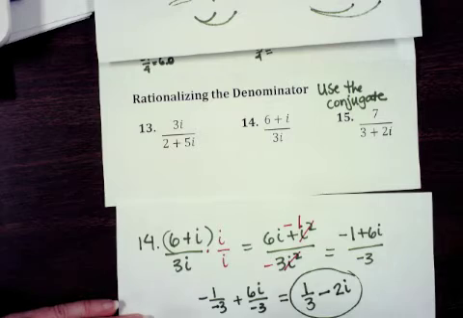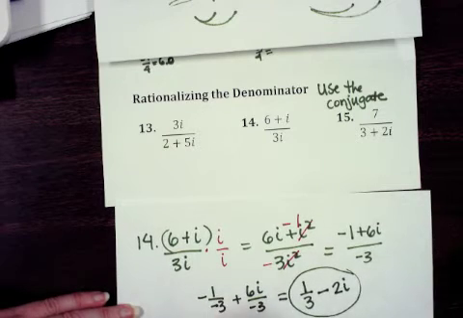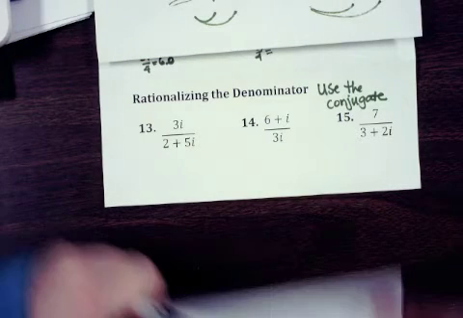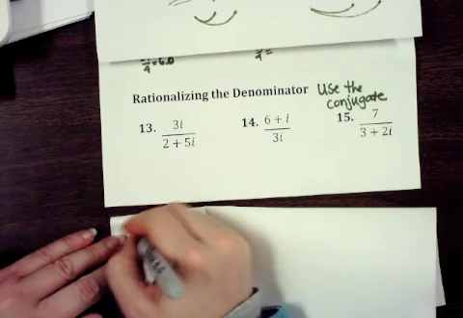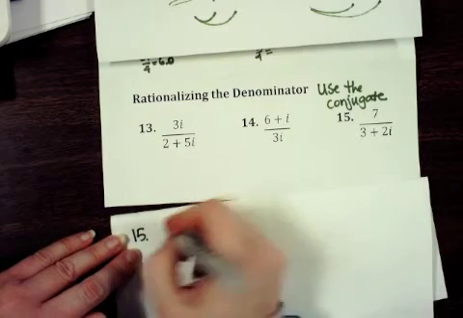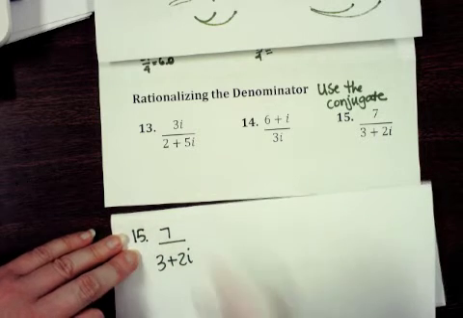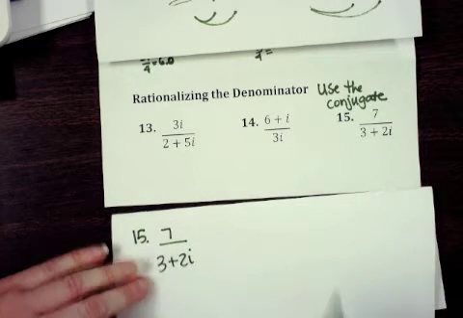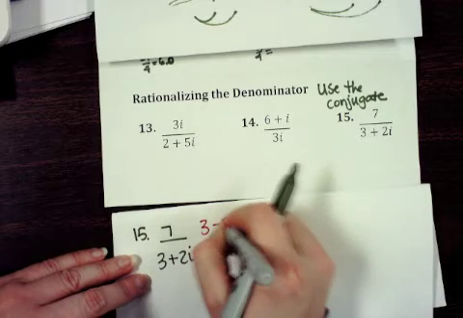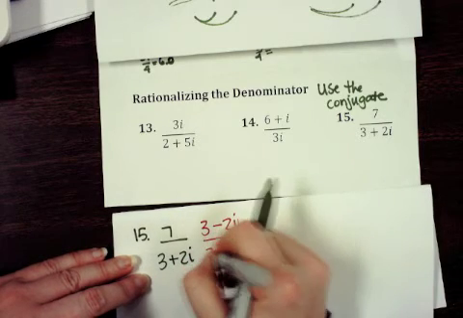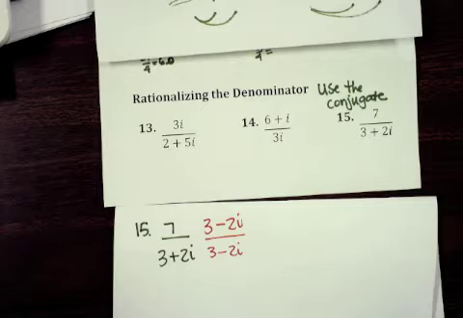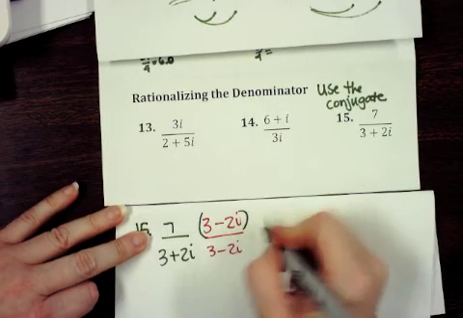And then our last one, number 15. Seven over 3 plus 2i. Again, what's my conjugate? Just take the binomial there and just change the middle sign. And distribute on top.